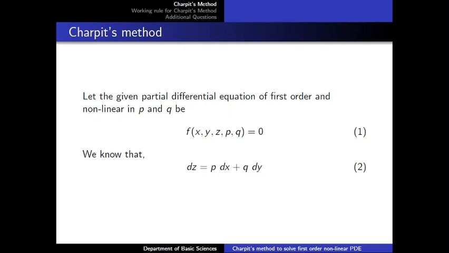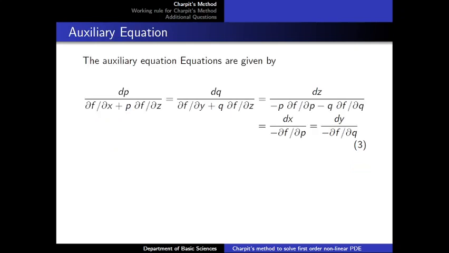To integrate this expression, first we need to find out p and q from equation 1, and for getting that we have a set of auxiliary equations which are known as Charpit's auxiliary equations, which can be formed from equation 1.